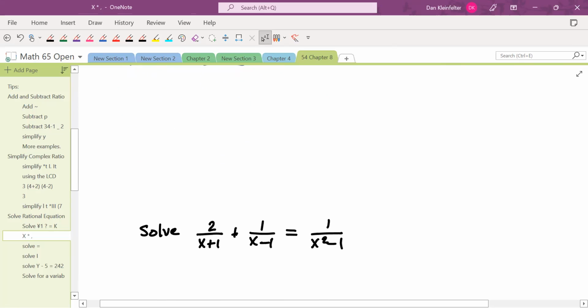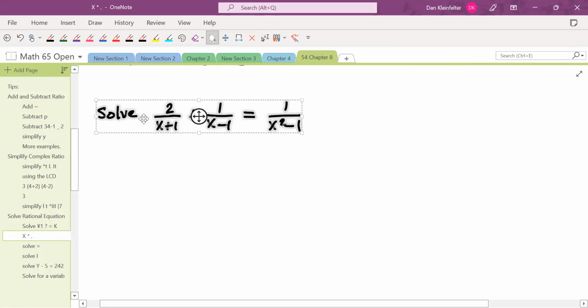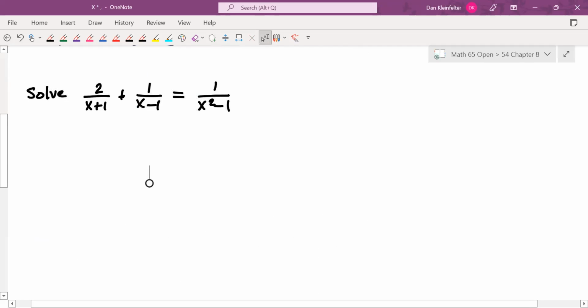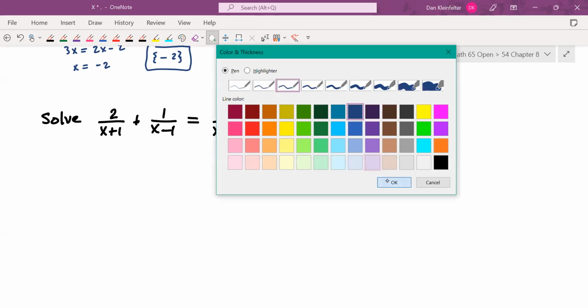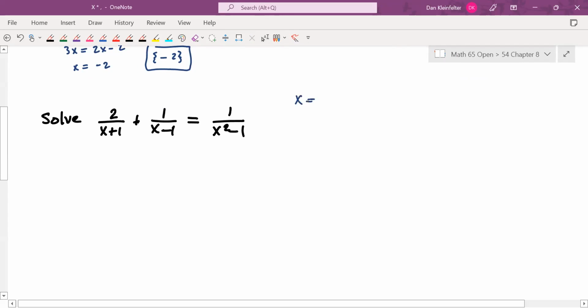Okay, here's another one to try. This time there are 3 terms, so there's a little more to do. What you'll want to do is factor that denominator on the right-hand side and go from there. To begin with, we can tell that x can't be 1, x can't be -1.